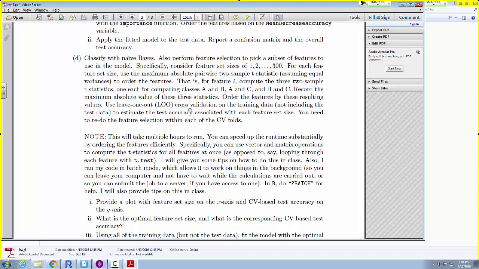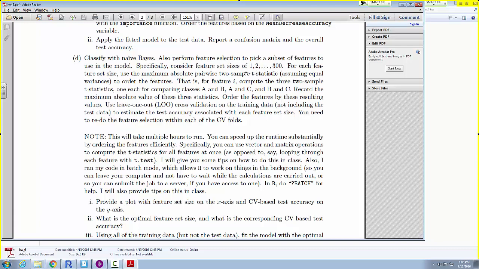Cross-validation is a resampling technique that you apply to training data, and it allows you to estimate a generalizable accuracy, the one that we care about. So I want you to apply this cross-validation technique to pick the feature set size.